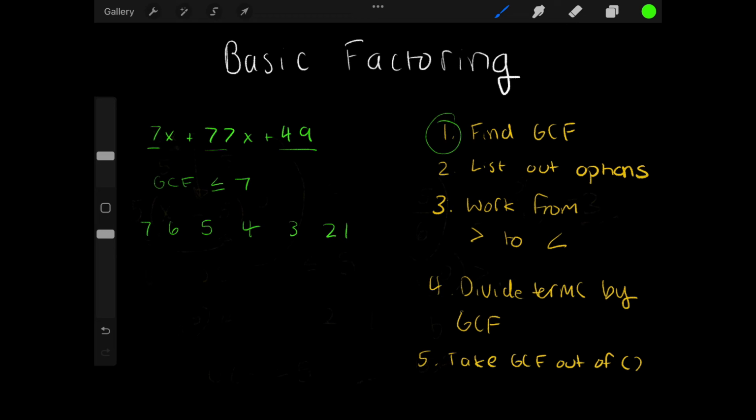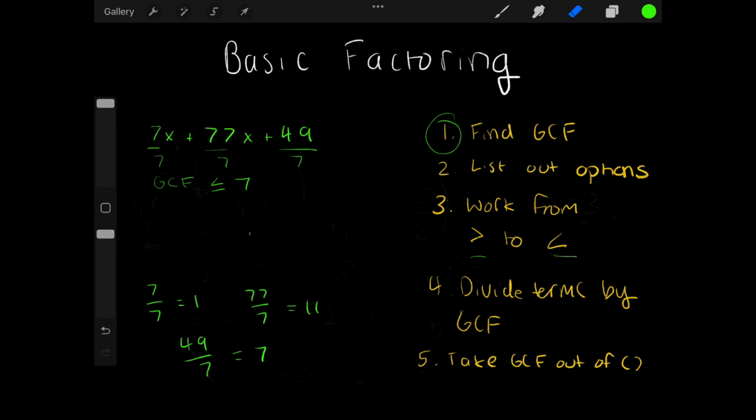And now we're going to work from greatest to least. So does 7 work? Well, when we divide all of them by 7, we get integer values. 7 over 7 is 1, 77 over 7 is 11, and 49 over 7 is 7. So 7 is indeed our greatest common factor.